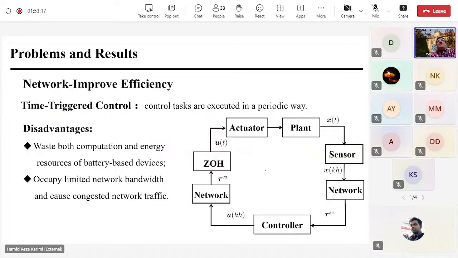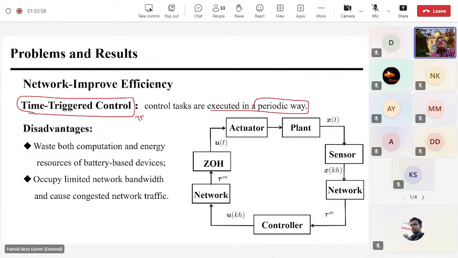So now we come back to improving network efficiency. The first thing is that we need to look at time triggering control. You remember that the TT strategy, the time triggering strategy, is a very simple way to send data over the networks. In time triggering control, the control tasks are executed periodically, so you have periodic sending of data over the networks.